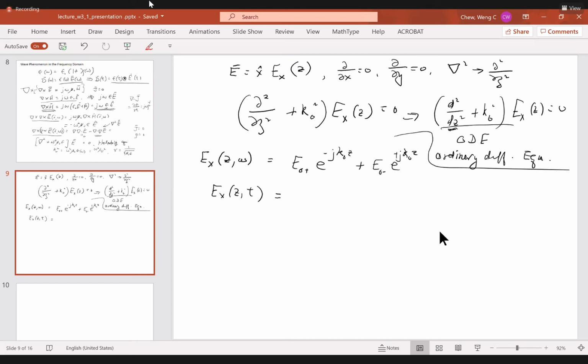Using Fourier transform is a rich man's way of doing it. But if you do not know Fourier transform, how do you get back the solution in the time domain? We just multiply by the exponential e to the j omega t and then take the real part of this.